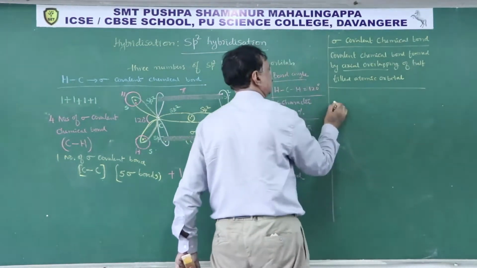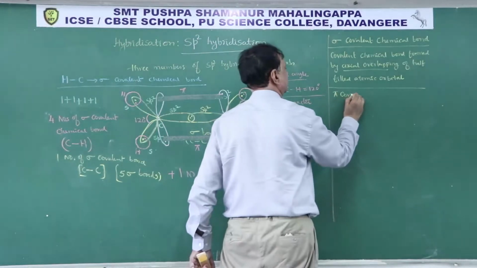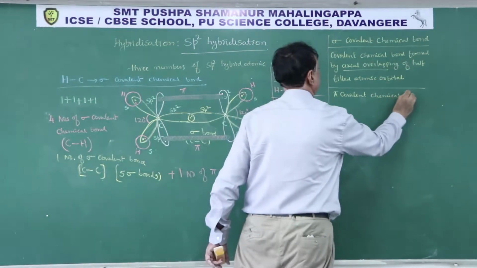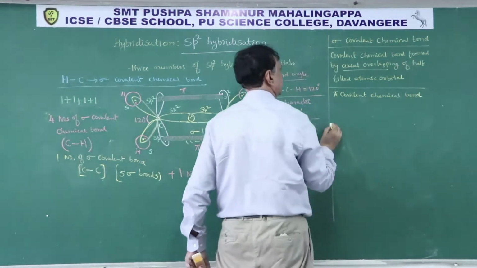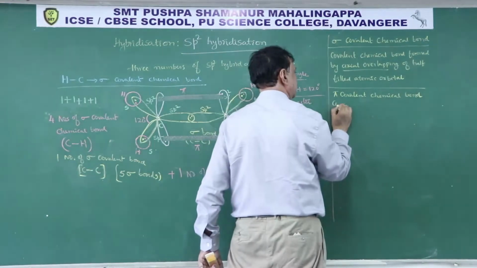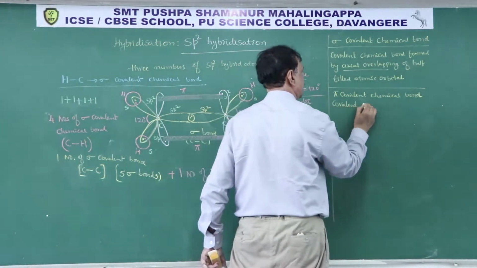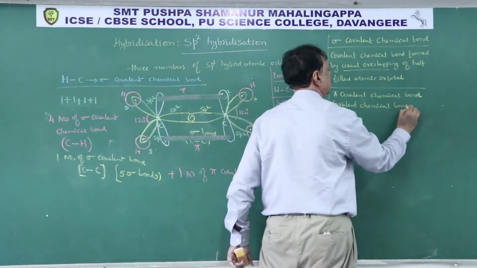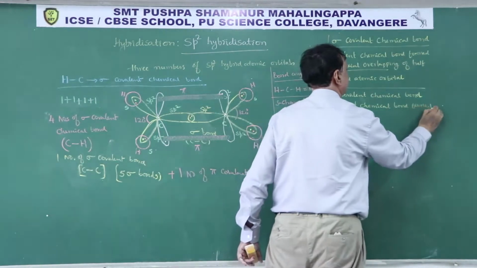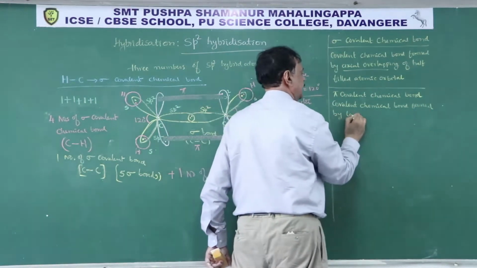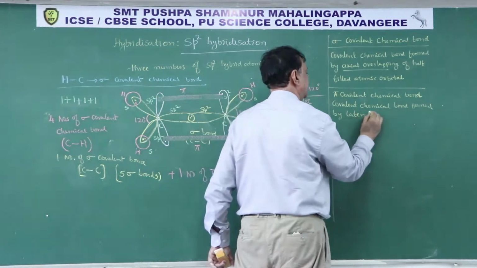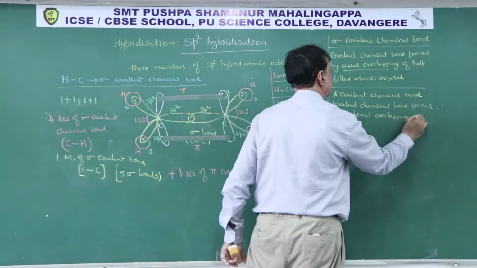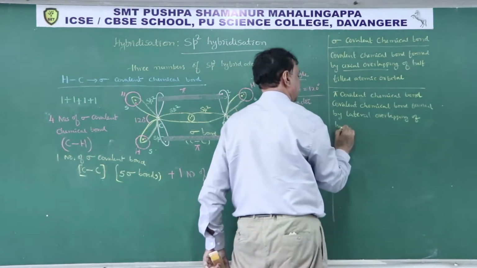This is a very important word: axial overlapping. Pi covalent chemical bond, very important from the exam point of view, is formed by lateral overlapping of half-filled atomic orbitals.